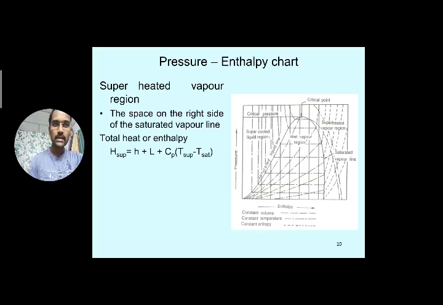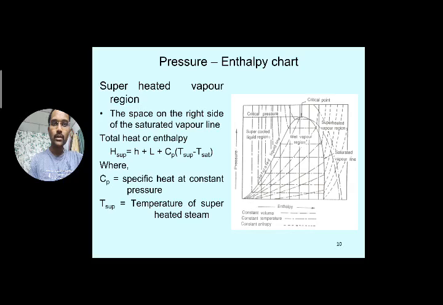It is represented as h sup, which is equal to small h plus L, where small h is the sensible heat and L is the latent heat, plus Cp into T sup minus T sat. Cp is the specific heat at constant pressure.